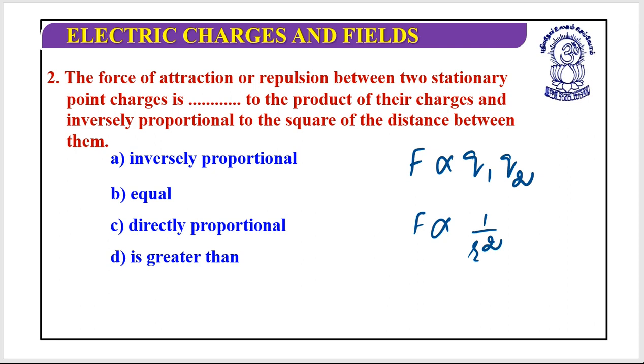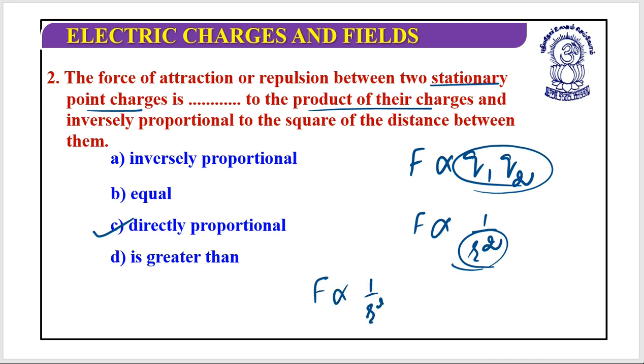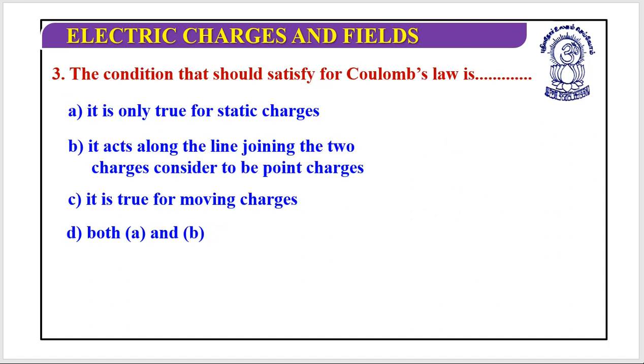They ask about two stationary point charges, the product of their charges. It is directly proportional. Yes, absolutely correct. Well done. Next question. If they have asked about the distance, it is inversely proportional, and the square of the distance. Do remember the square of the distance. Never make a mistake.